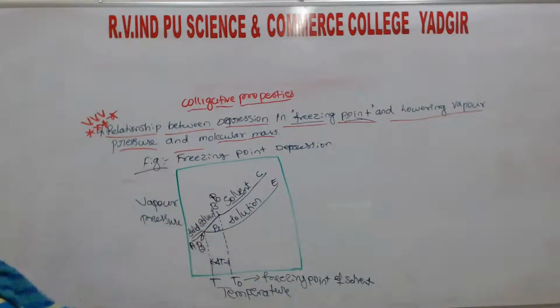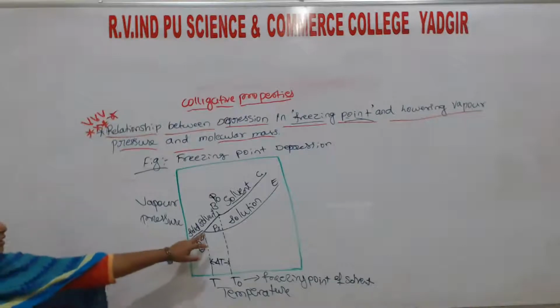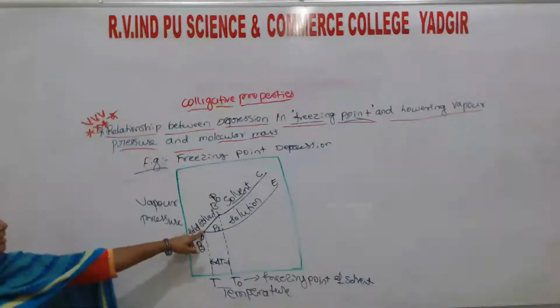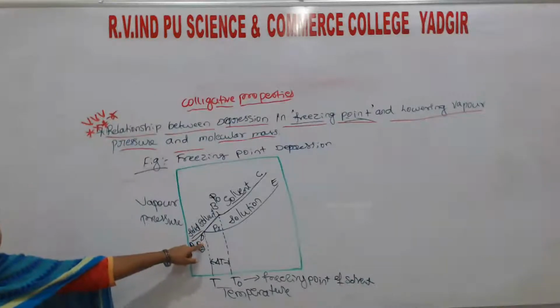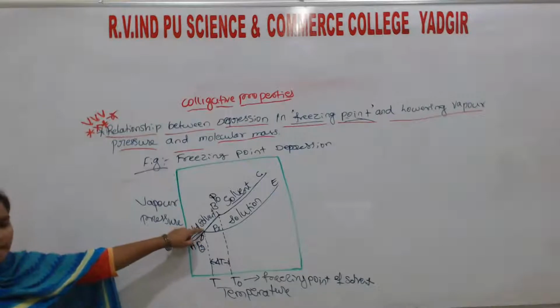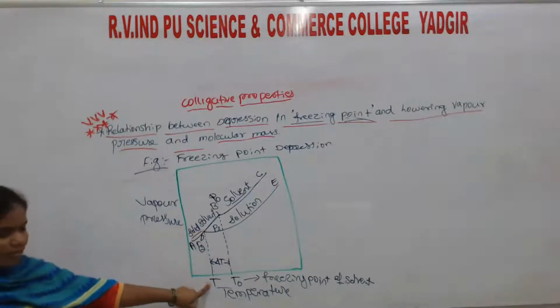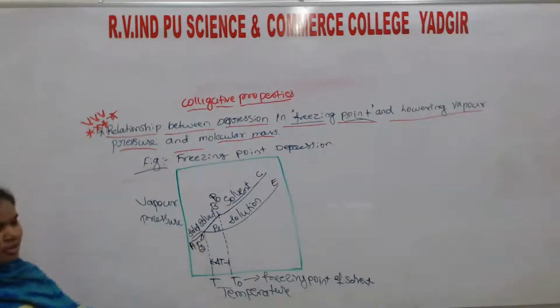The solution curve intersects the solid solvent at point D, which is indicated as D here. This gives the lower temperature, T, the freezing point of the solution.